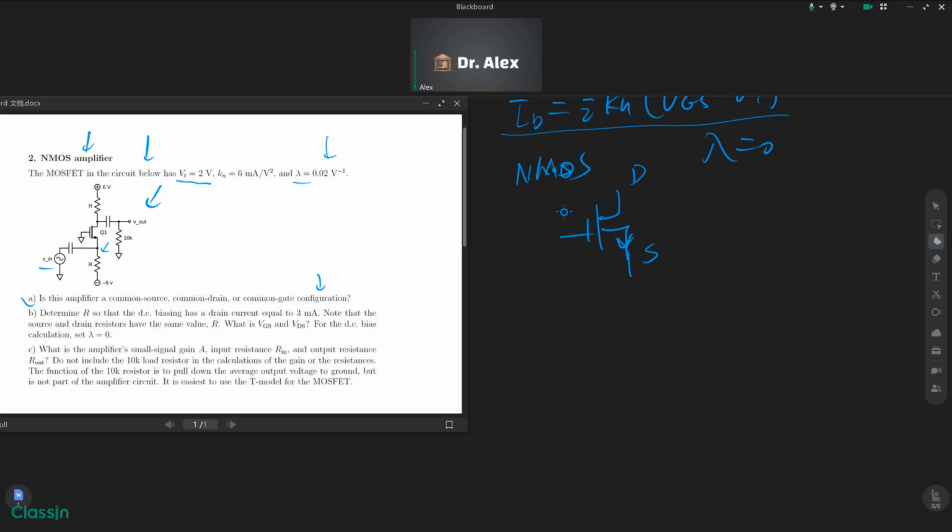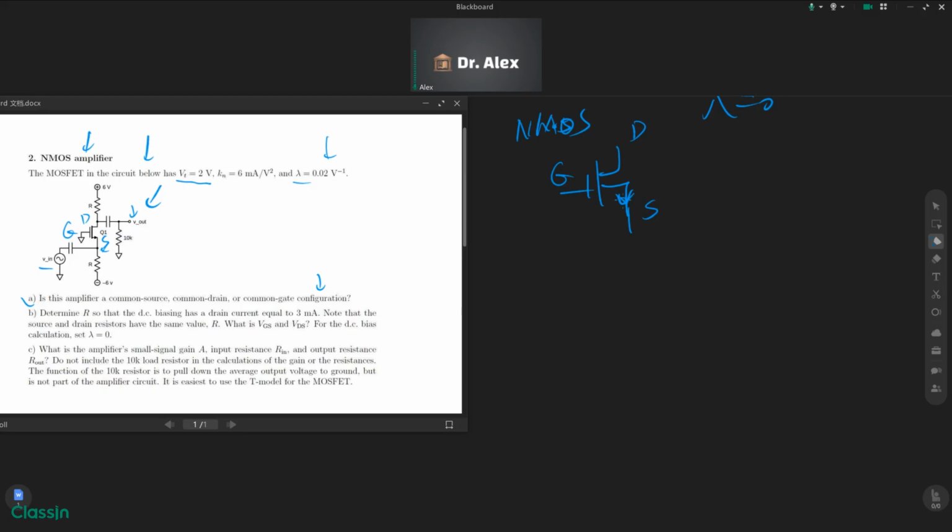This one is the drain, and this one is the gate. So the input signal is input through the source, and the output signal is from the drain. This is drain, this is gate, this is source. Obviously, it is common because the input is from the source.